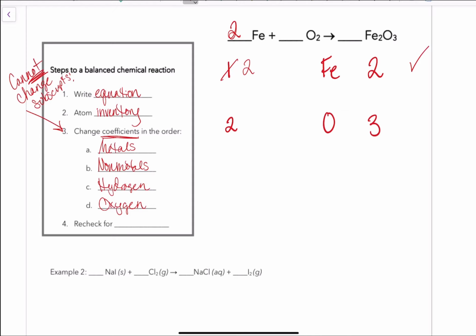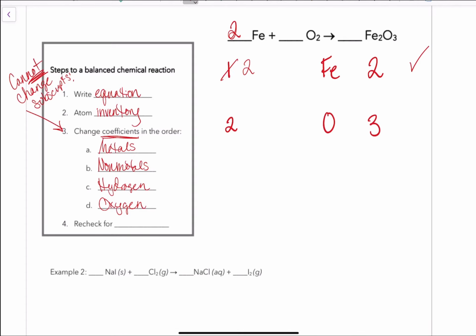Fantastic. We're going to keep changing the coefficients until they're even. So now we've got a 2 on this side and a 3 on this side, right? We've got 2 and 3. I can't multiply 2 by a whole number and turn it into 3, or vice versa. The only way I could do that would be to multiply it by a fraction, and we're not going to make fractions coefficients.